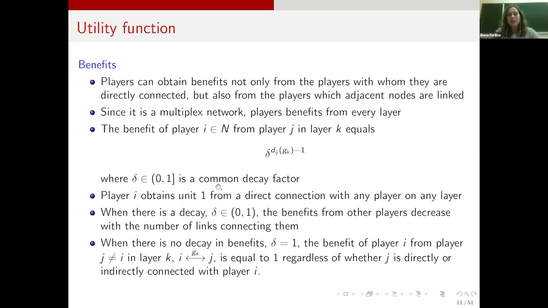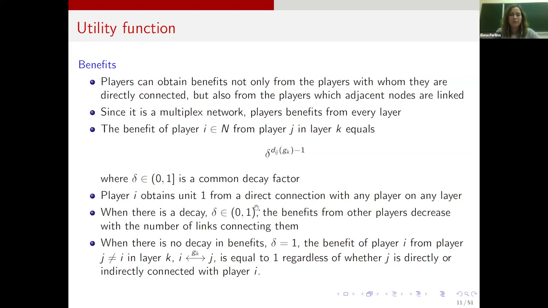So here you can see that player i obtains unit 1 from a direct connection with another player in any layer. And if we assume that the decay does not equal 1, so it belongs to this interval, the benefits from other players with whom this player is connected decrease with the number of links connecting them.